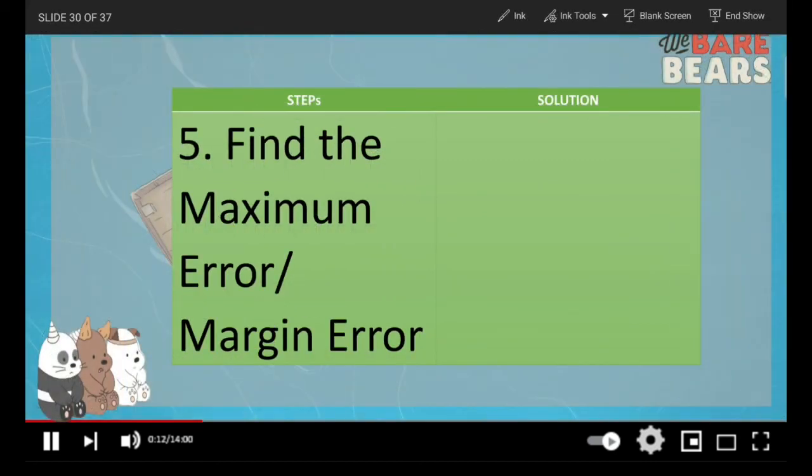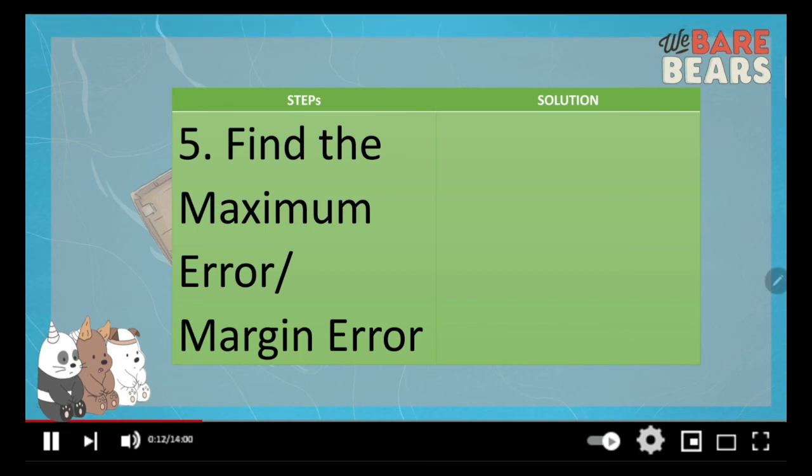Next step, we have to find the maximum error or the margin of error. So, we can now compute because we have the z-value and the other evidences or the givens in our situation. So, the margin of error is equal to the z-value sub alpha over 2 multiplied by the population standard deviation divided by the square root of the sample size.